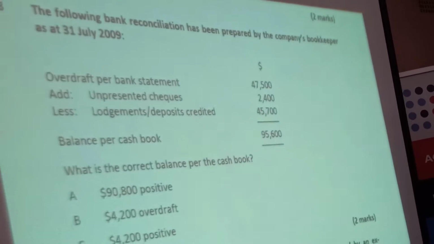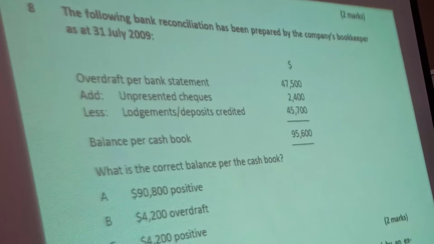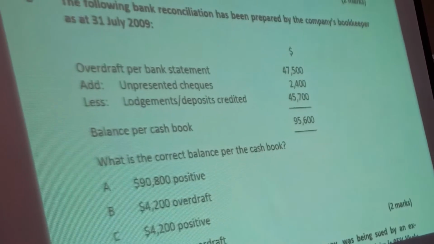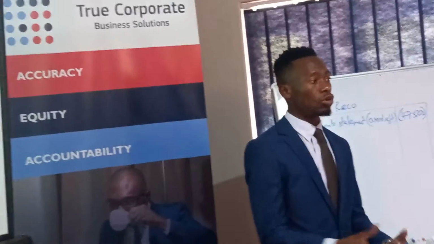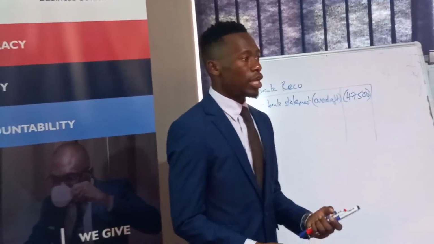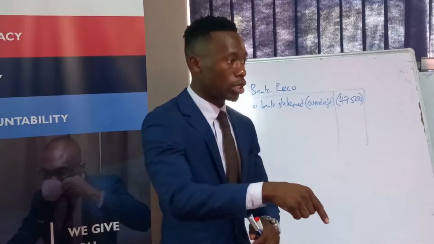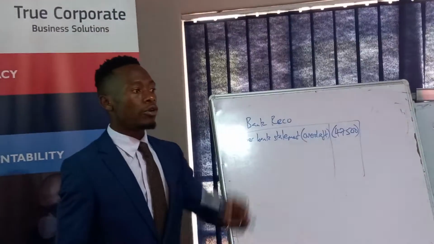the lodgements, guys. When you have the lodgements or the deposits, we are accounting for all the timing difference. Someone can send you money now, and you can try to request the balance, and you see that it has not yet reflected. If someone said, I have deposited money into your account, my question is, what will happen to your balance? Will your balance increase or decrease?